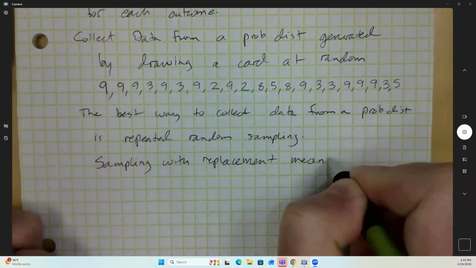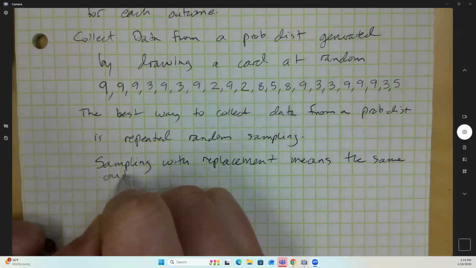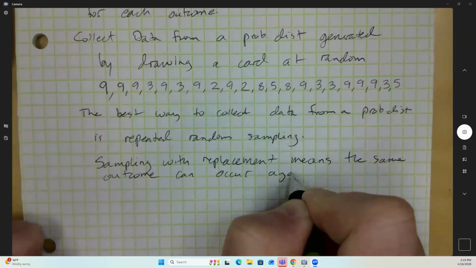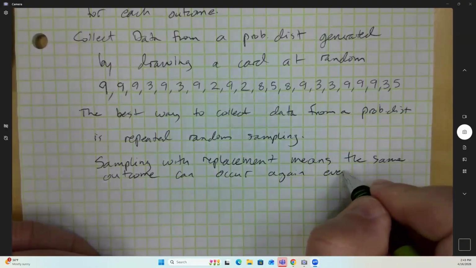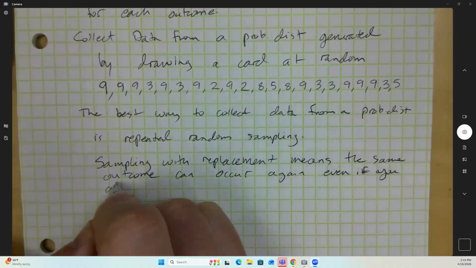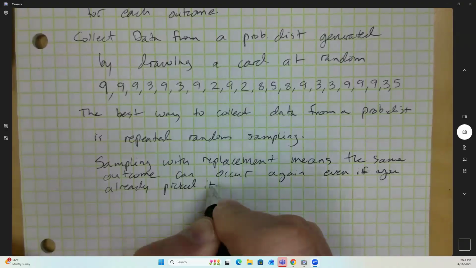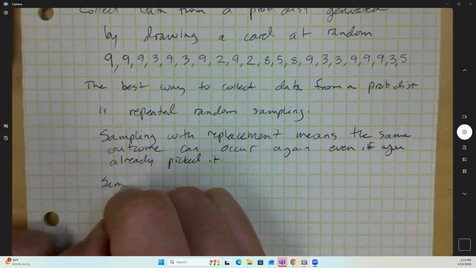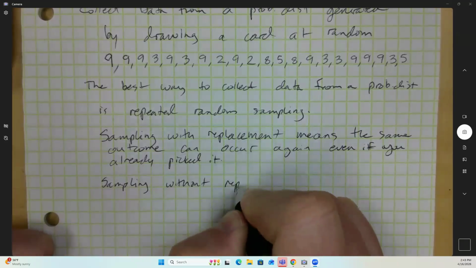Sampling with replacement means the same outcome can occur again with its associated probability, even if you already picked it. And the other one is sampling without replacement.